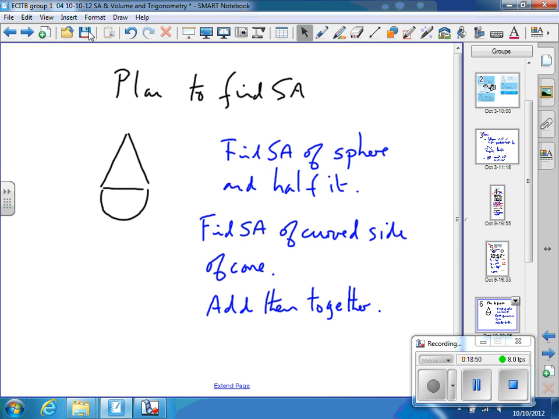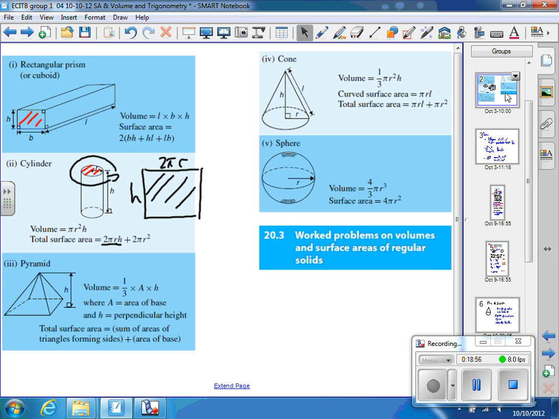Right, what's the formula? If you look back in your textbook, I'll put it here. What's the formula for the surface area of the hemisphere? That's the volume, surface area, 4 pi r squared.